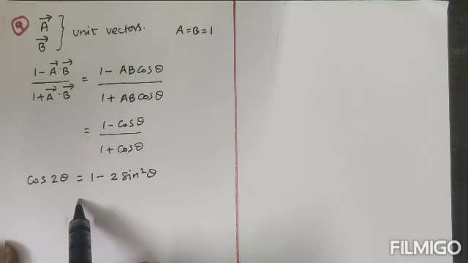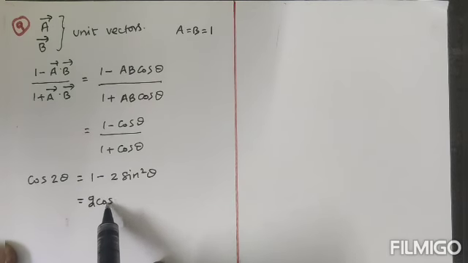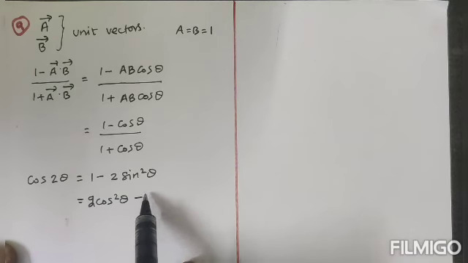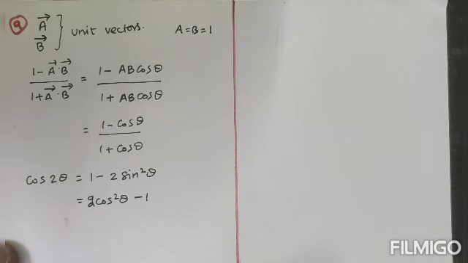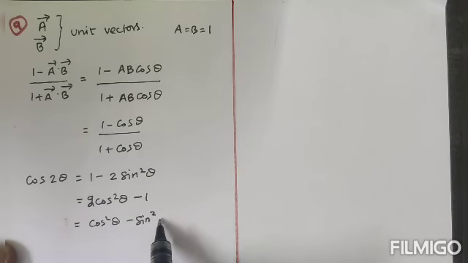Then one more formula for cos 2 theta is 2 cos squared theta minus 1. Then one more formula, just I remember, cos squared theta minus sin squared theta.